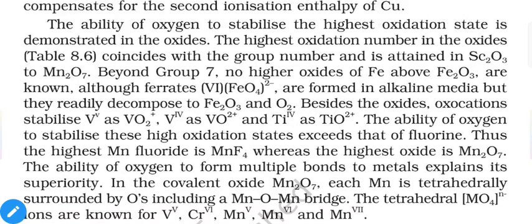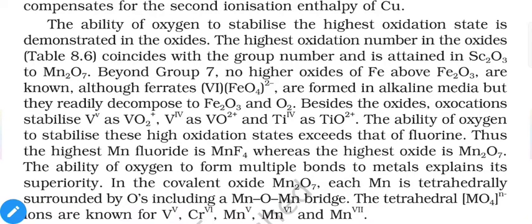Besides the oxides, oxocations, that means oxygen-containing positive ions, are stabilized: V+5 as VO2+, V+4 as VO2+, and Ti+4 as TiO2+. The ability of oxygen to stabilize these high oxidation states exceeds that of fluorine.